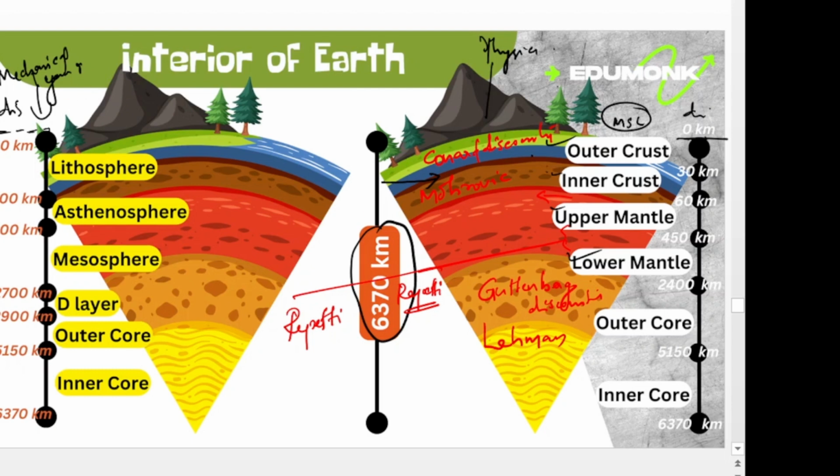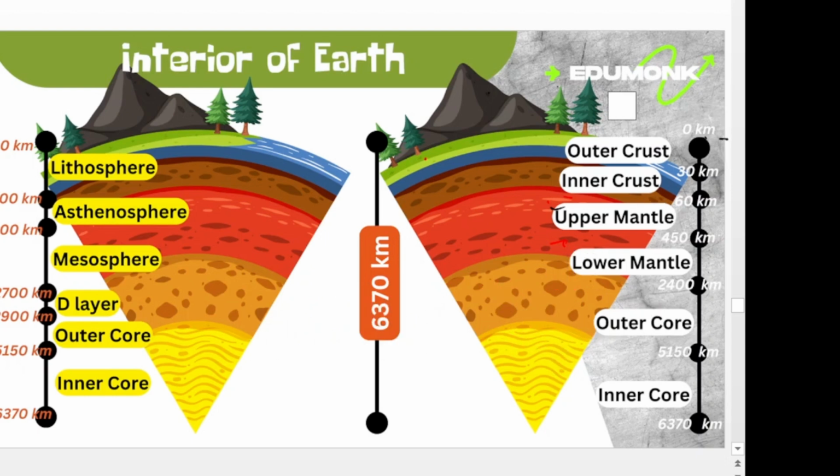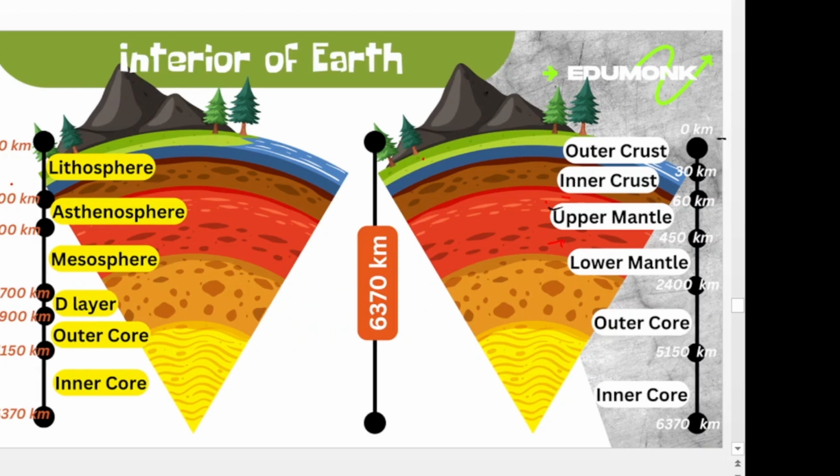Then by analyzing the complete physical and mechanical layers, in the mechanical layer you can see the lithosphere. It is 0 to 100 kilometers. Here in the physical layer you can see the outer crust, inner crust and upper mantle.